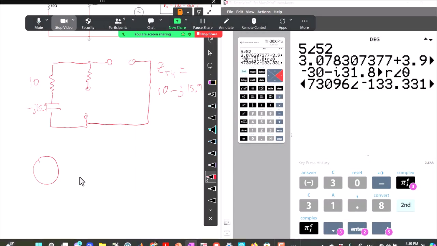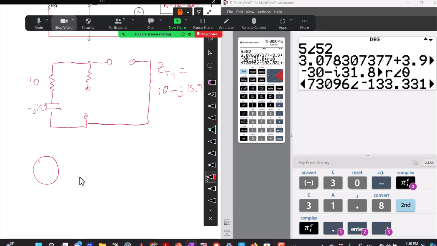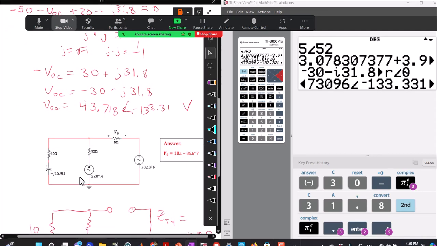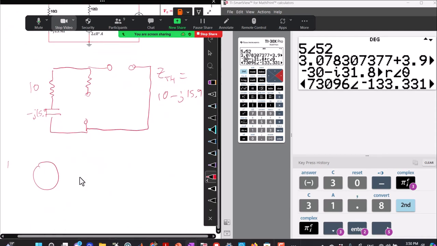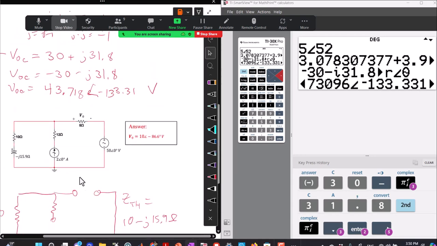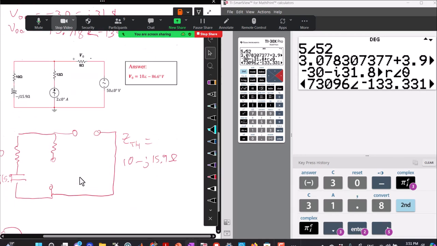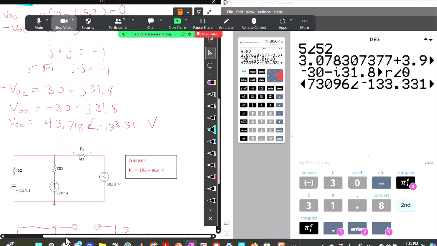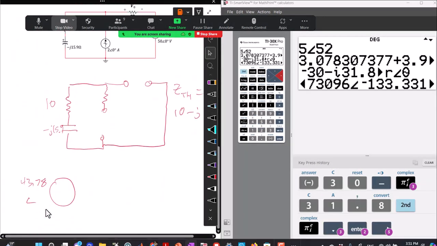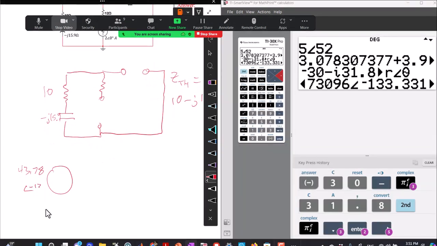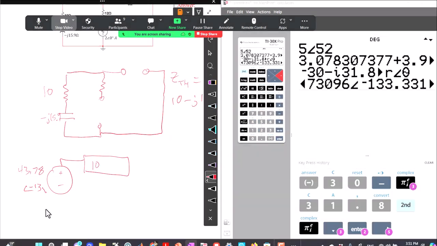My voltage source was 43.78 angle -133, and my impedance is 10 minus J 15.9.